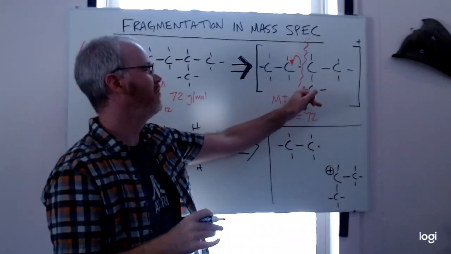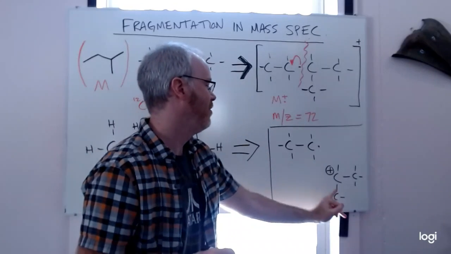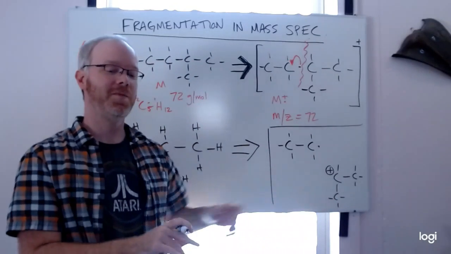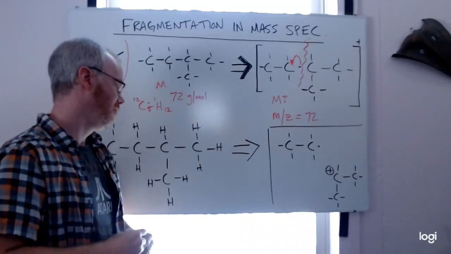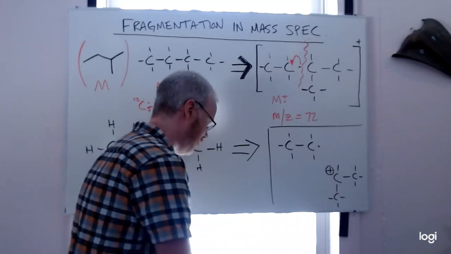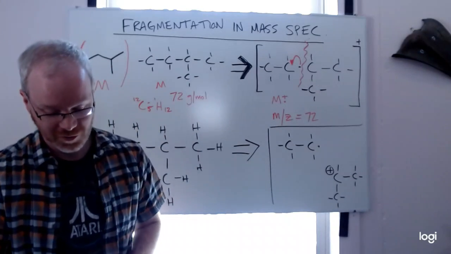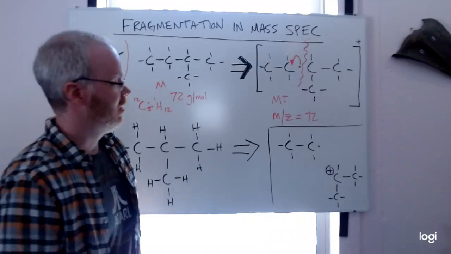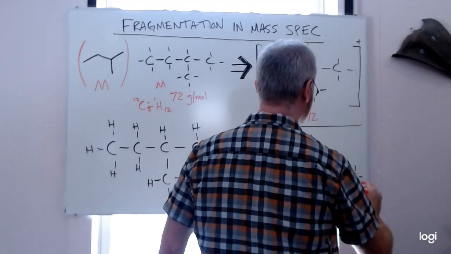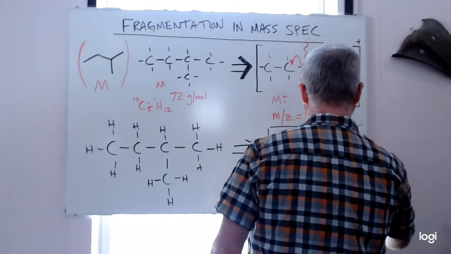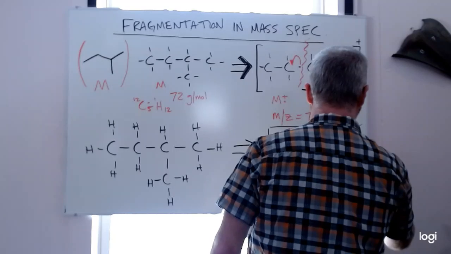This is just one fragmentation, and the pieces we get, remember, get separated in the mass spectrometer by their mass to charge ratio, which in this case, our positive charge carbocation is going to be m/z equals 43.